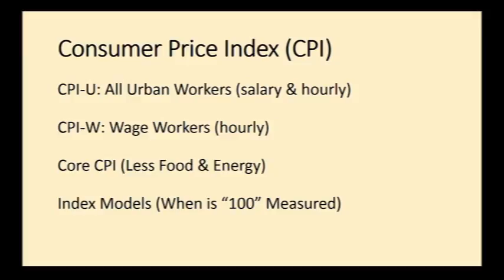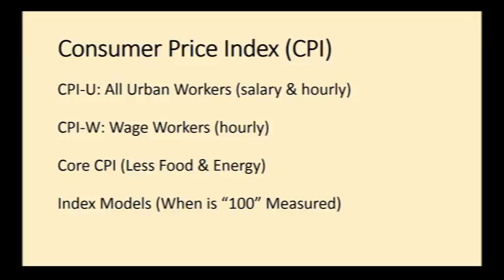Not as much now, but both of those do have higher degrees of volatility in their measures, where prices can go up at higher rates in shorter periods of time and go down at faster rates in shorter periods of time. Most everything else is supposed to be gradual, supposed to be linear, and not have as much volatility. So when they talk about core CPI, they're looking at the less volatile elements.